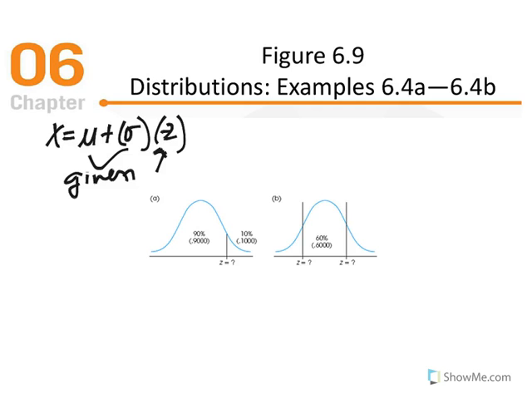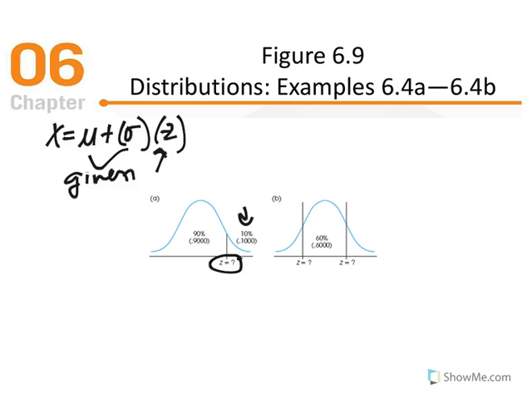So in these types of problems, you do not shade, because we're not looking for the proportion that has been identified in terms of the top 10%. What we want to find is this value, the z value that corresponds to cutting the top 10% off and then separating it from the lower 90%.